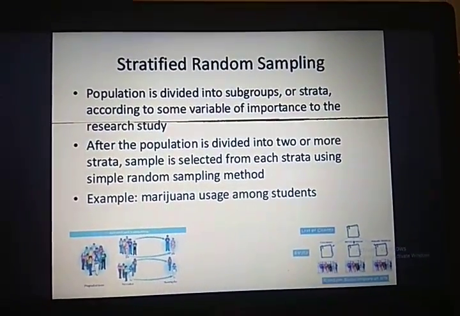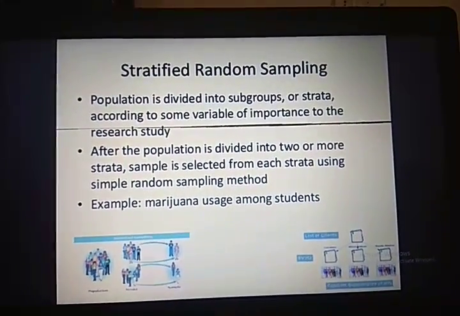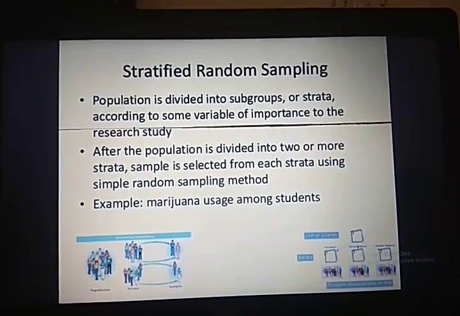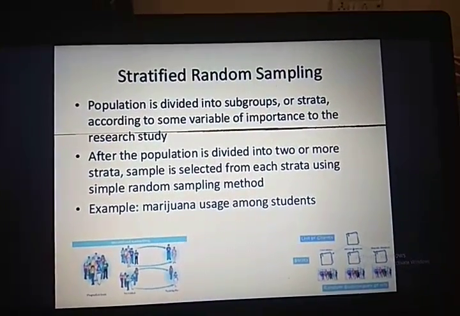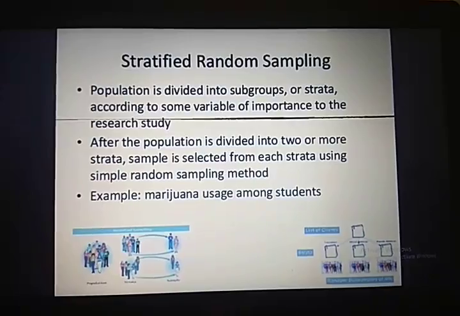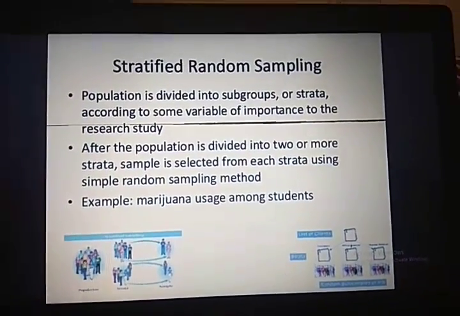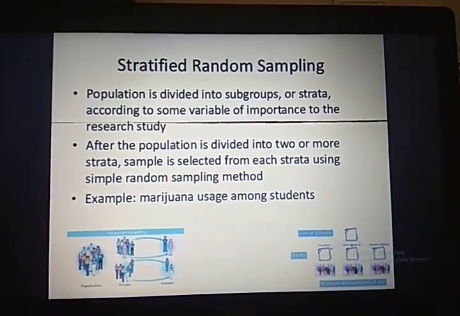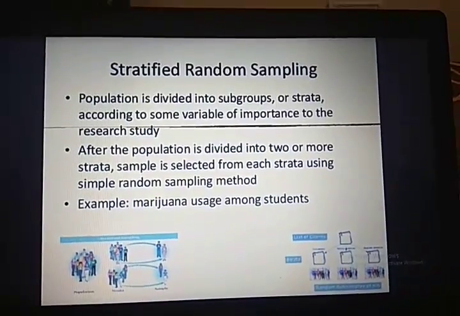The basic purpose of this method of sampling is to ensure that all characteristics of a heterogeneous population are adequately represented in the sample, and it also helps in increasing the accuracy of the results of investigation.